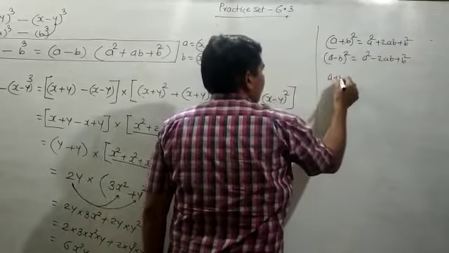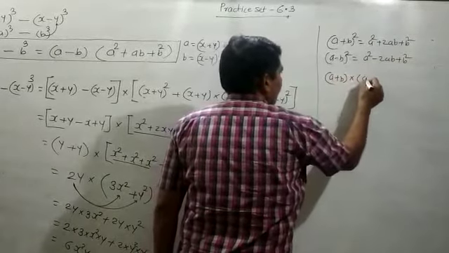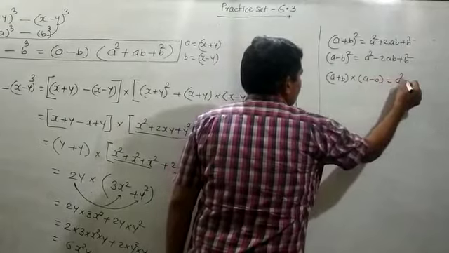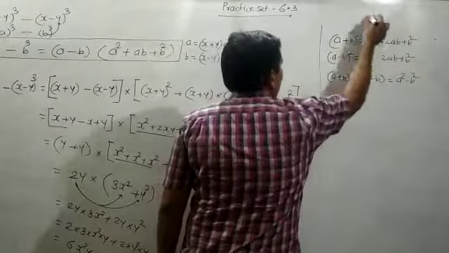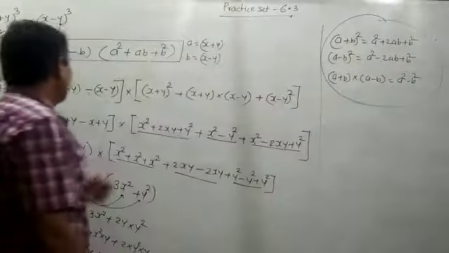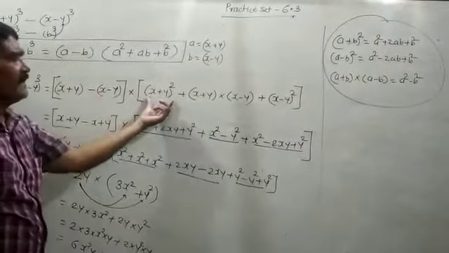And (a plus b) multiplied by (a minus b) is equal to a square minus b square. You have to utilize these basic identities here.